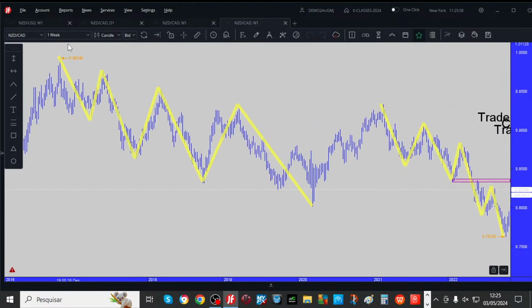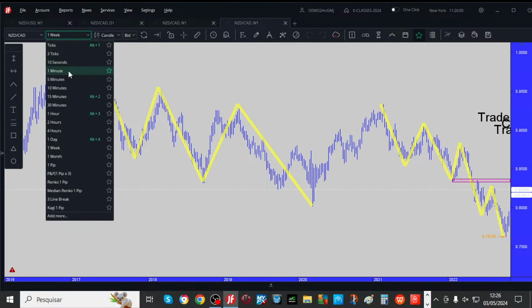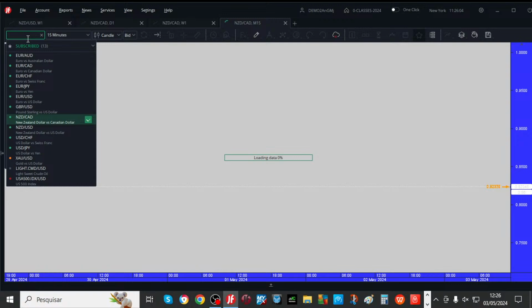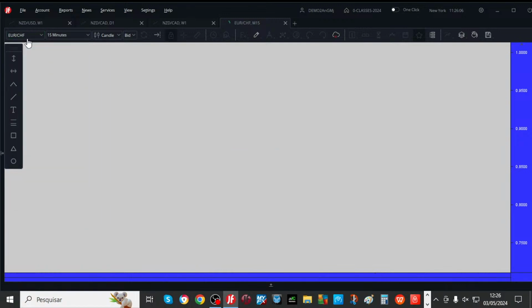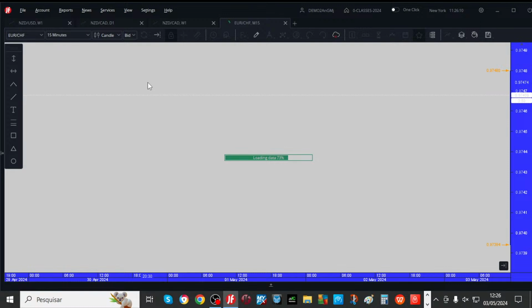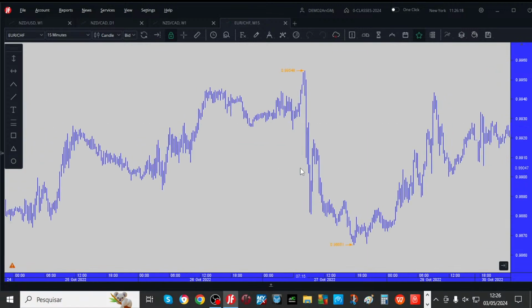Clone chart. Let's go on the 15-minute chart on Euro CHF, everybody. Come on, it's Friday. Come on, Forex, it's Friday, right?